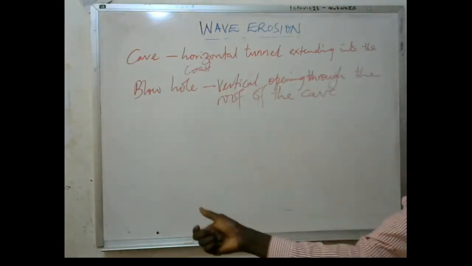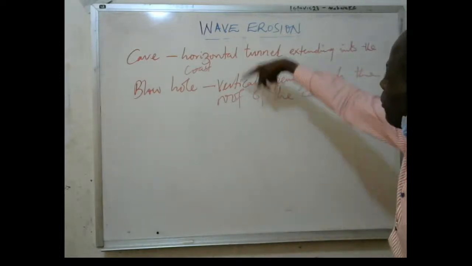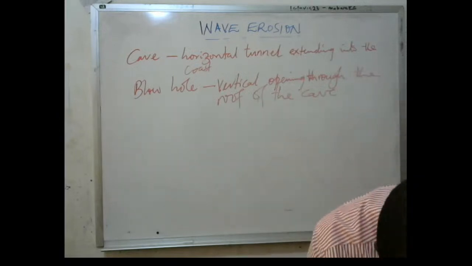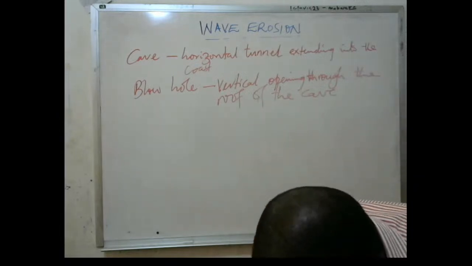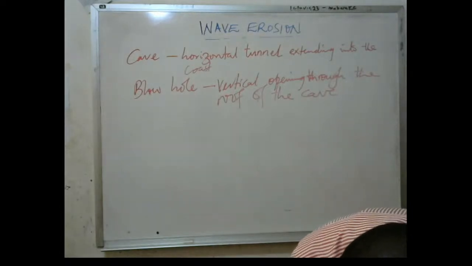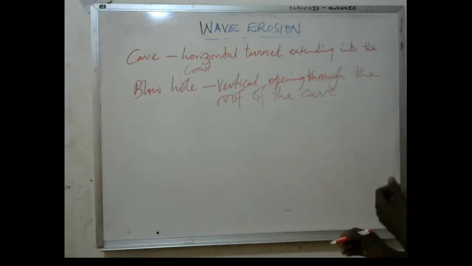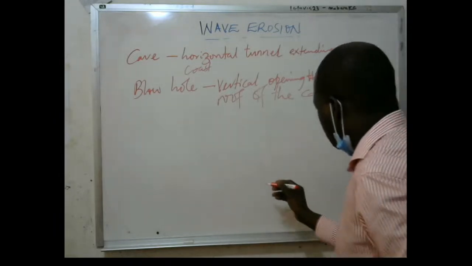So the cave has formed, and after its formation, continually splashing water through hydraulic action into the cave drills a hole through its roof, and therefore we shall have a blowhole forming. We have that illustration also. The illustration of the cave and the blowhole together is also provided to us.